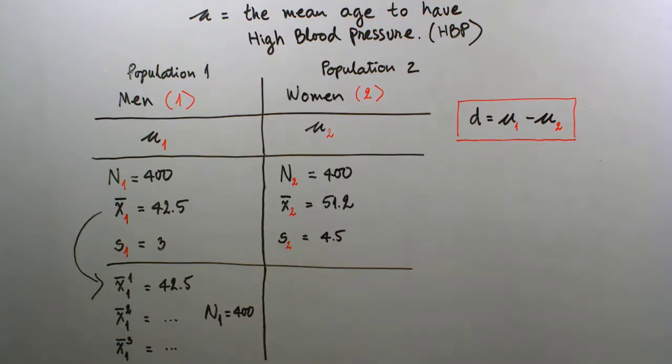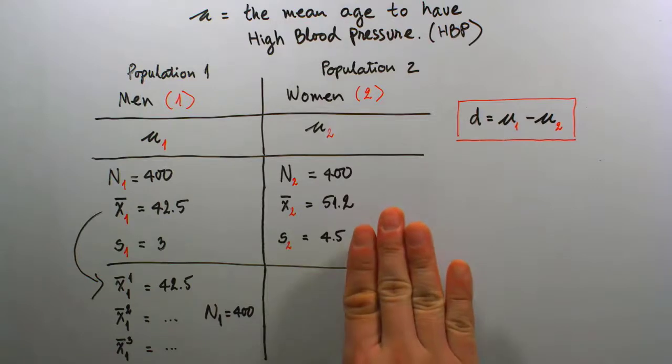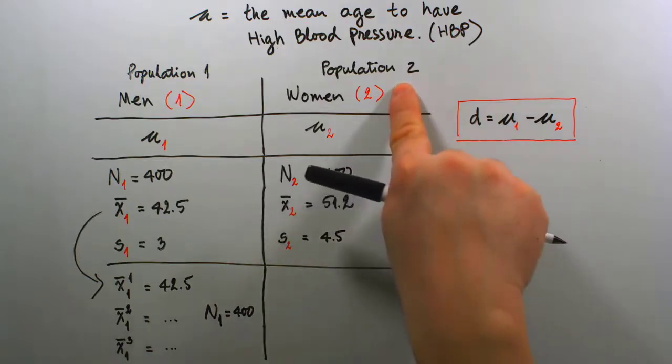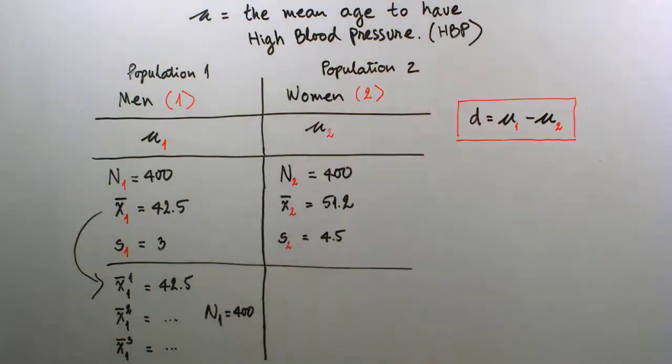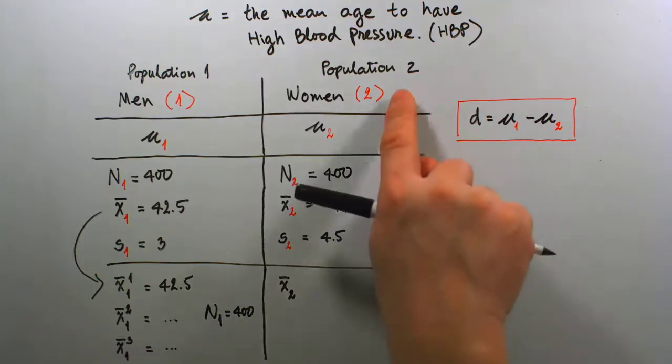Now in the same way, if we look over to population 2 here, again, we have already used the subscript to indicate which population our sample came from. So sample mean x bar 2 right here means it's a sample that came out of population 2.